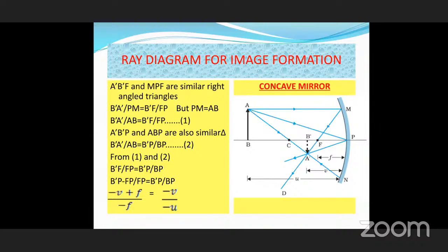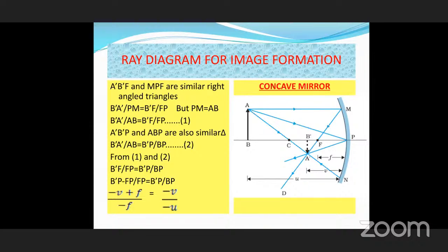MPF is another triangle, and at P it is 90 degrees, at B dash it is 90 degrees. So these 2 are similar triangles. The angles are also equal at F on both sides, alternate angles. So these are 2 similar triangles.